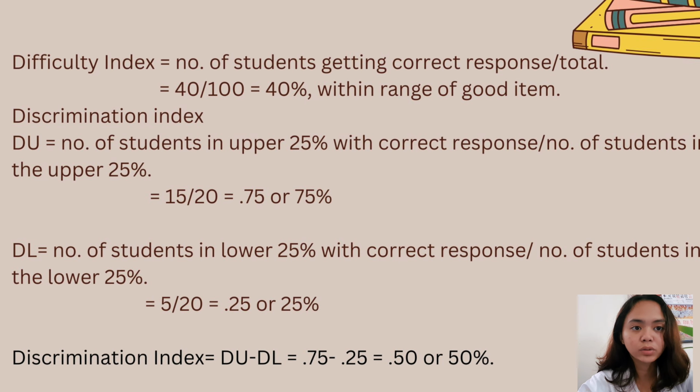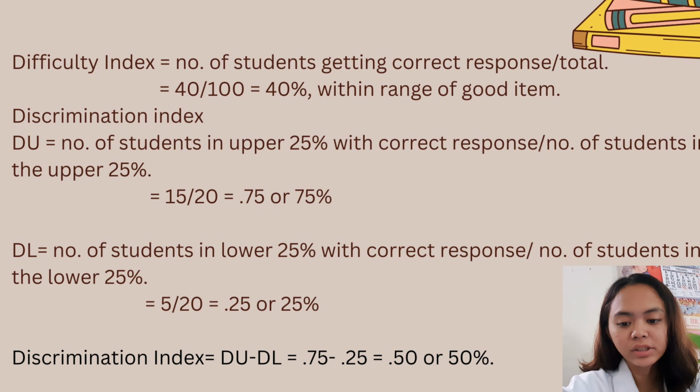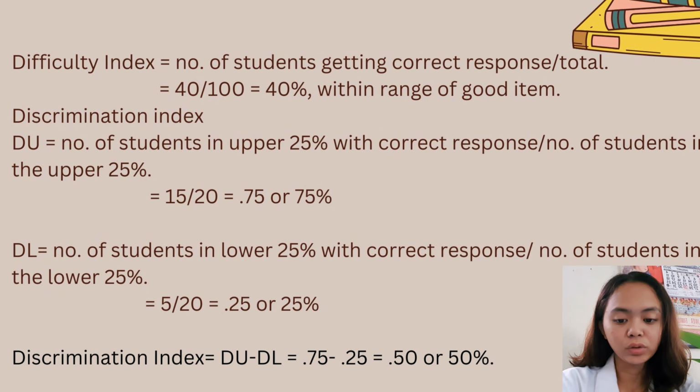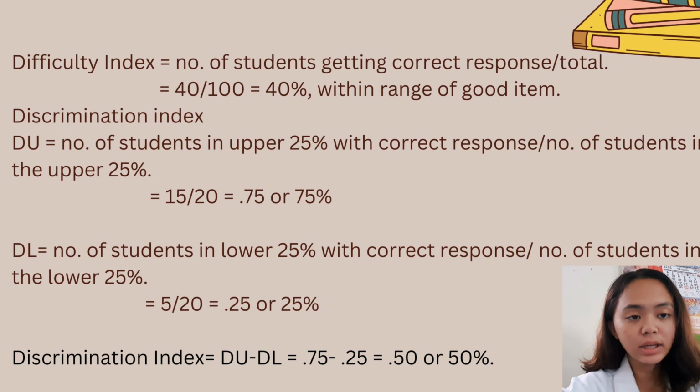And ang total ng students na nag-take ng item na yun is 20 students. So, 5 divided by 20 is equals to 0.25 or 25%. So, the discrimination index is equals to DU minus DL. DU, earlier, equal ng DU is 0.75 or 75%.